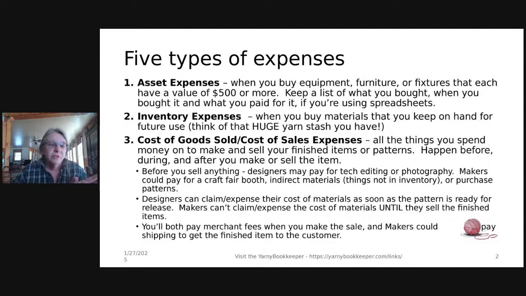Now, makers and designers have different types of cost of goods sold expenses. For instance, before you sell anything, designers might pay for tech editing or photography, while makers might pay for a craft fair booth.